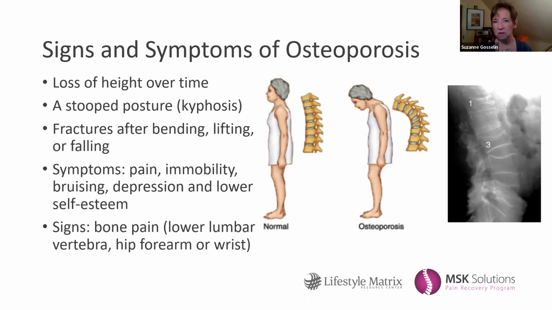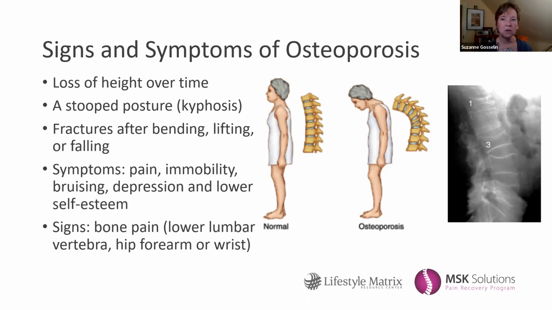That's when we have to suspect that there may be some loss of bone density. There can be some symptoms that are associated. Those of us who work with the body might want to be suspicious of something like a compression fracture, and pain that people experience in their lower lumbar, in the hip, in the forearm, or the wrist.